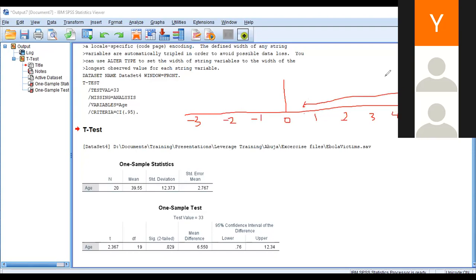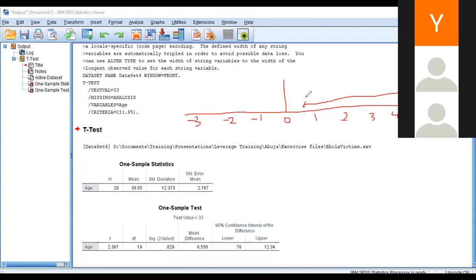If it has crossed zero, it will start with a minus value and cross zero to the positive side. So that's how you know if it crosses zero. It will start with minus and then go to positive. If it's not going to be significant, it will start from minus and cross to the other side.